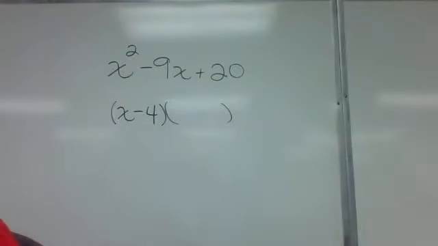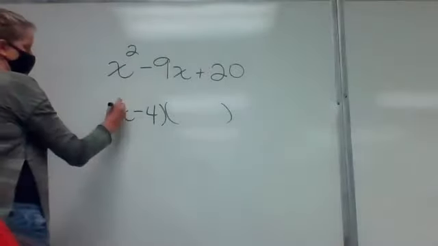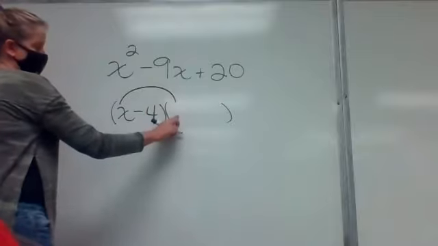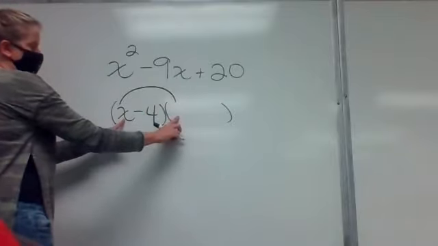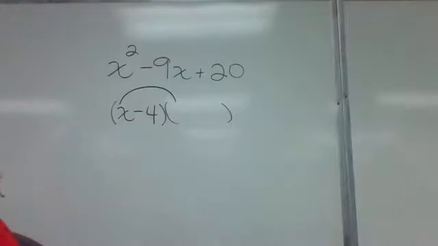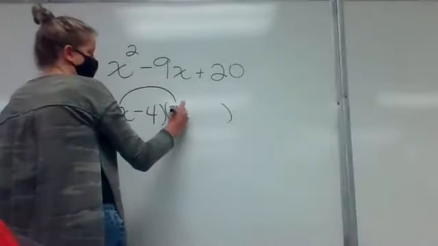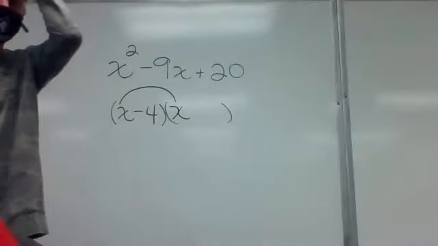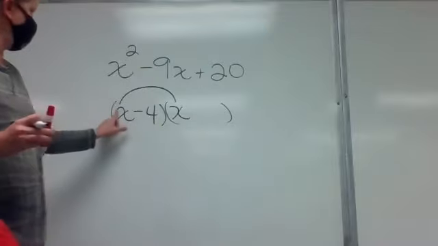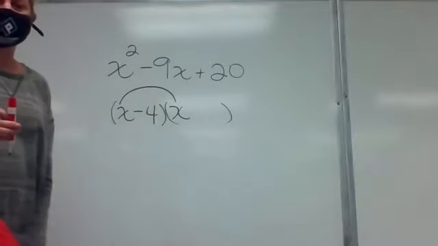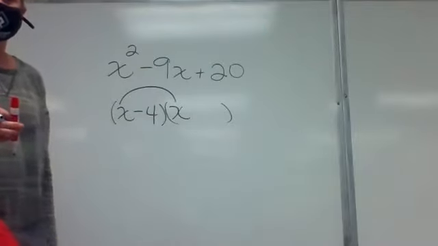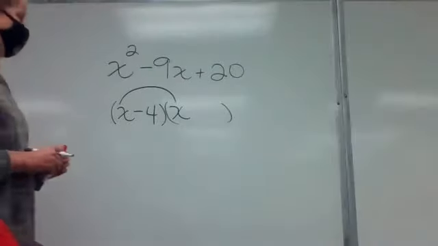So let's do our same thing again. My first x times what I'm going to put here, and what do I need it to be? X squared. Well, that automatically means it's just another x, right? That's the only way to get x squared is x times x. Be careful with your signs here.